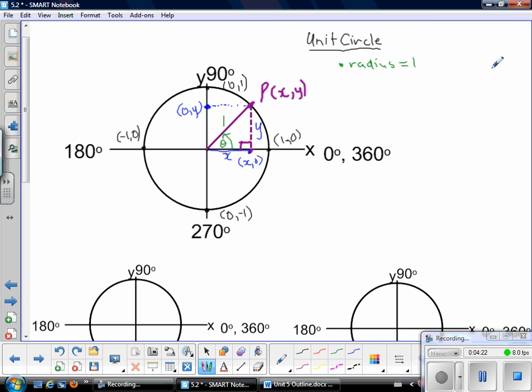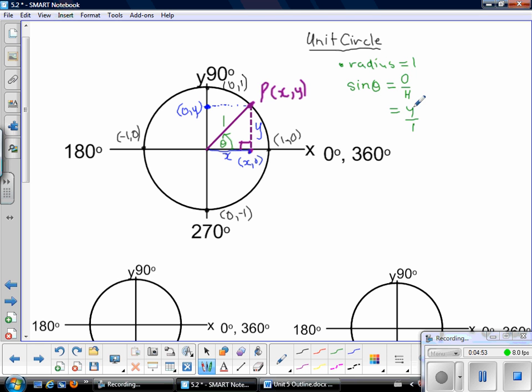Now, let's take a look for a minute at our sine ratio. Sine of theta we know is opposite over hypotenuse. So let's look at our triangle. Here's theta, so opposite of theta is y, and the hypotenuse is 1 unit.